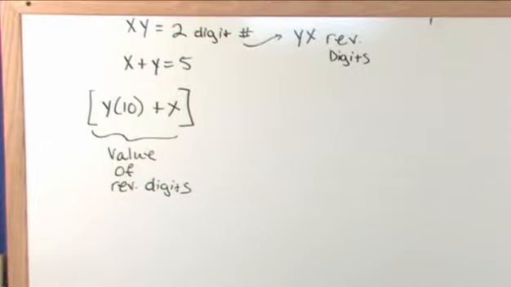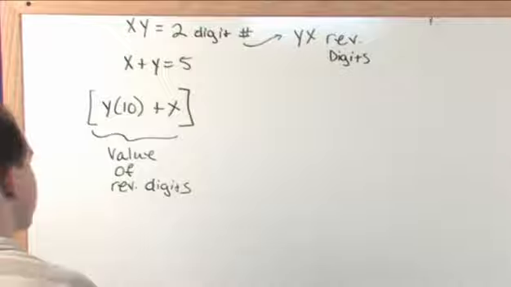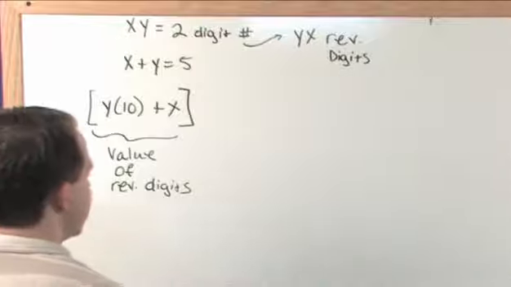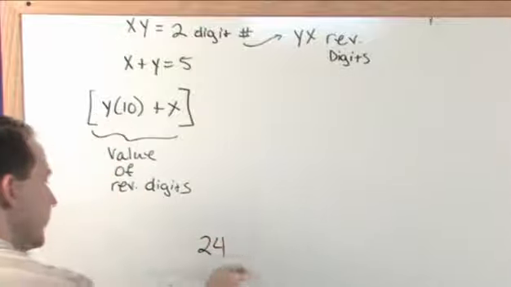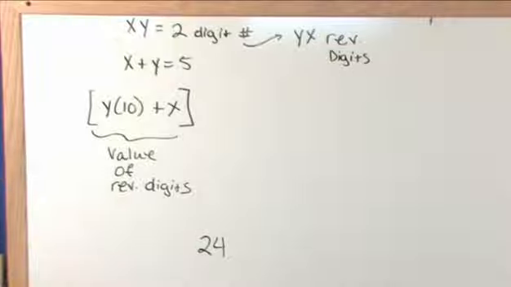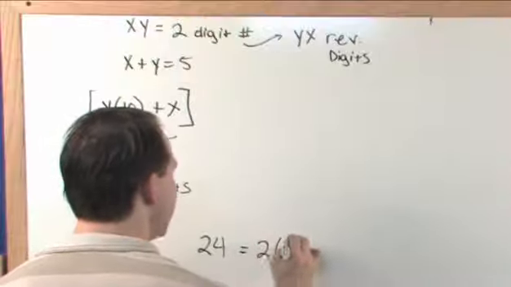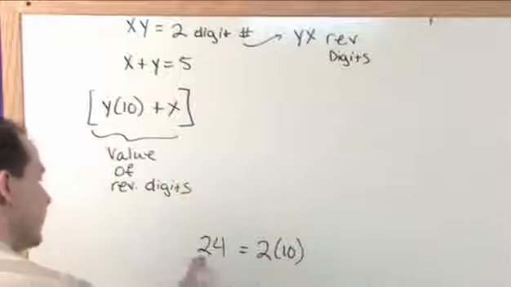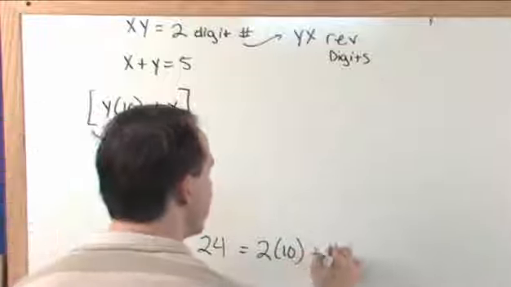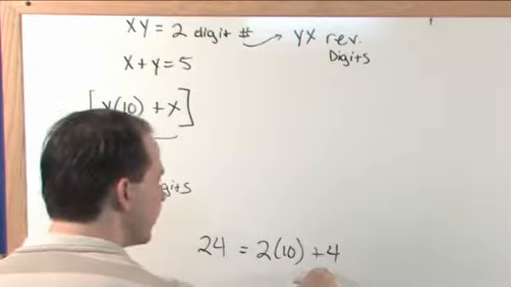Now, before you understand that, let me tell you an aside. The number 24, what does this mean to you? You know that it means 24, but what it really means is 2 times 10, because this is the tens digit, plus 4. 2 times 10 is 20, plus 4 is 24.